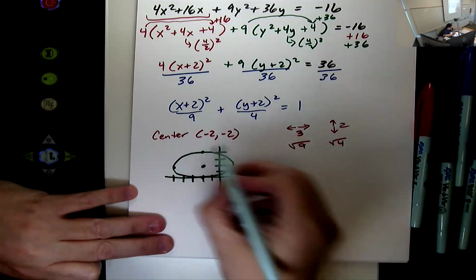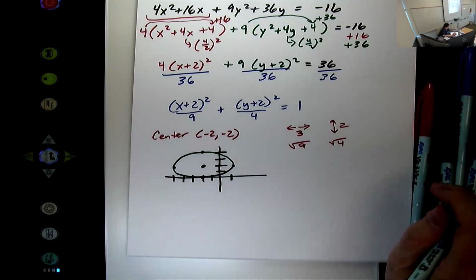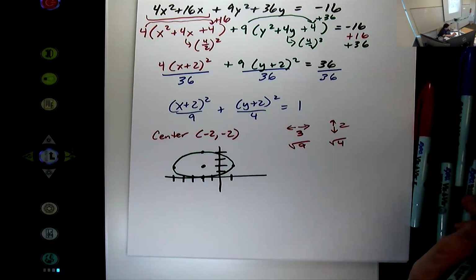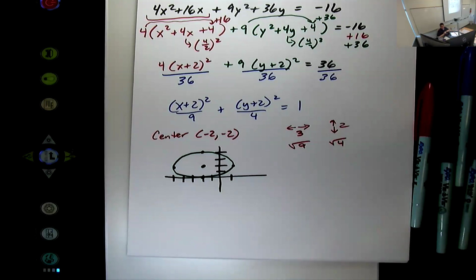Is that the one we did earlier? Did I just grab the same problem? No, not quite. It was, we had 25 and 4. 9 and 4. It's a slightly different center.